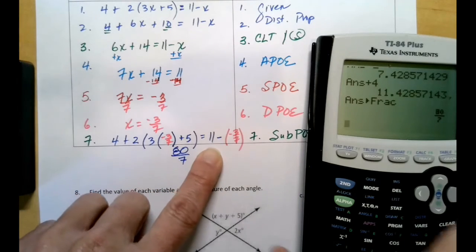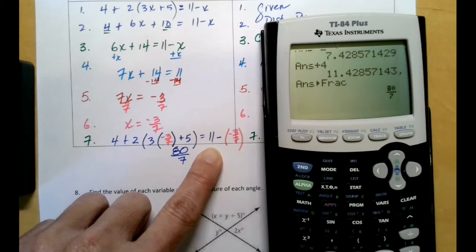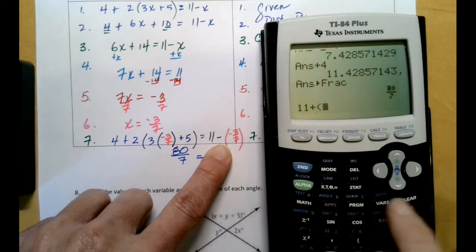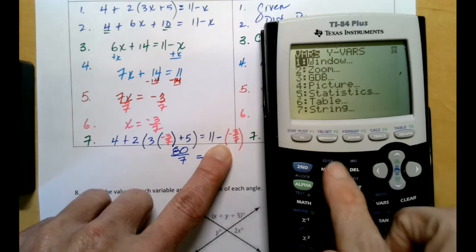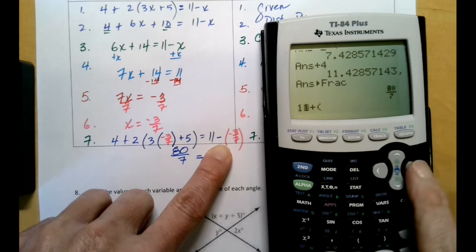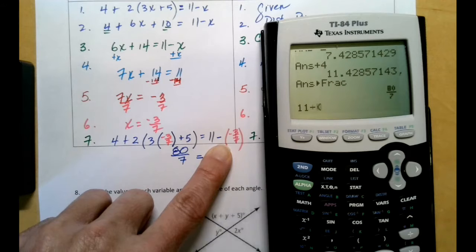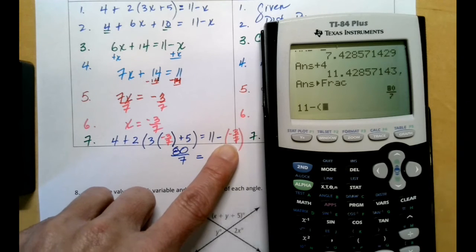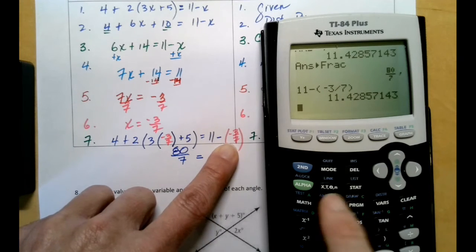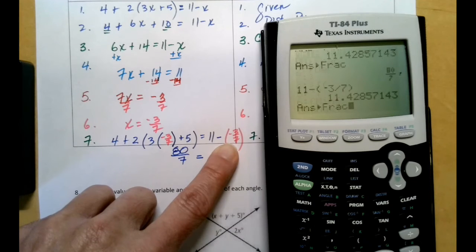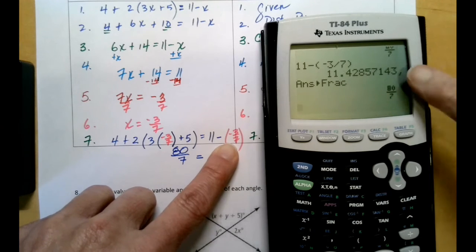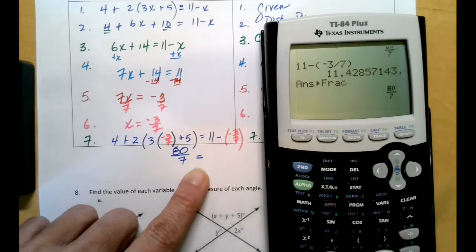Let's go over to the other side of our equation and say it's 11 minus, I was going to do minus the negative, but my fat fingers, minus negative 3 divided by 7. So we're going to have that double negative, which means we're going to be adding. So if I go math, frac, and I see, oh look, I have my 87 sevenths again.